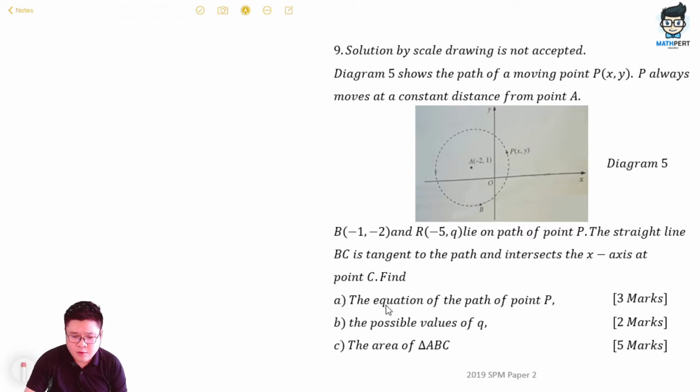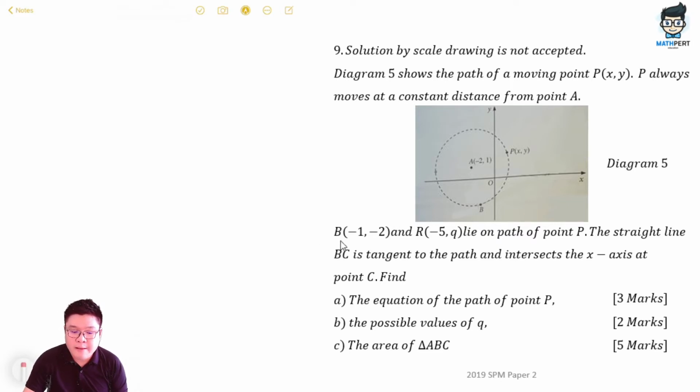Right, first part, we are asked to find the path of point P. A and P always maintain a constant distance. So that means it is a circle and the constant distance is equal to r, the radius of the circle.